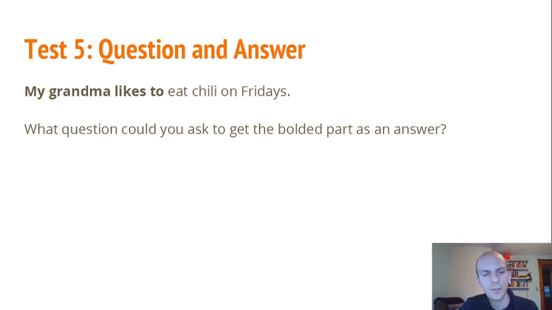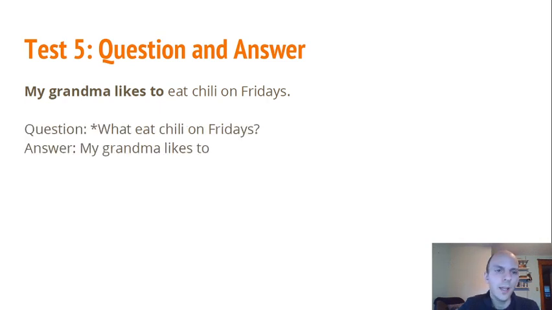Let's try a couple. Let's just try. So we could ask this, what, eat chili on Fridays? Okay, that doesn't make sense. And the answer, my grandma likes to? Weird. Super weird. When doing constituency tests, if you end up with something bizarre, it's a failure.